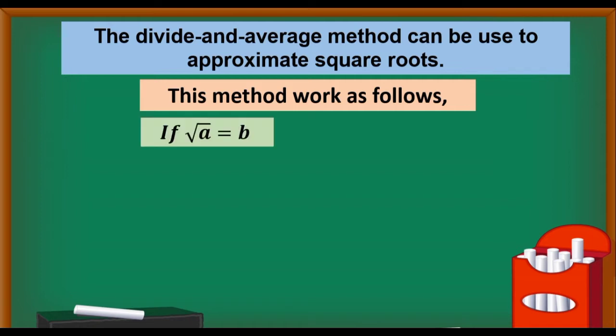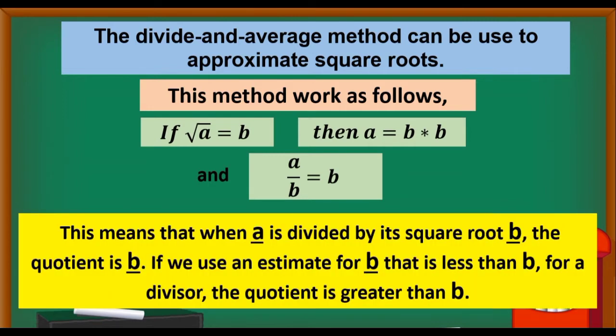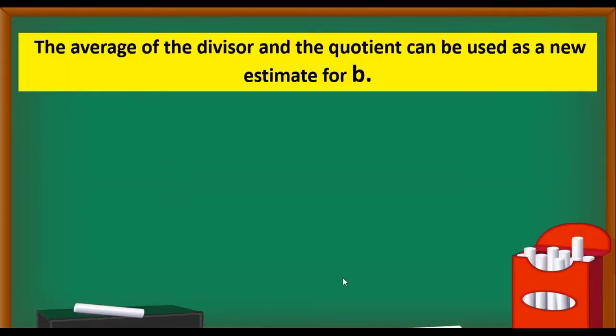If square root of A is equal to B, then A is equal to B times B, and A over B is equal to B. This means that when A is divided by its square root, B, the quotient is B. If we use an estimate for B that is less than B, for a divisor, the quotient is greater than B. The average of the divisor and the quotient can be used as a new estimate for B.